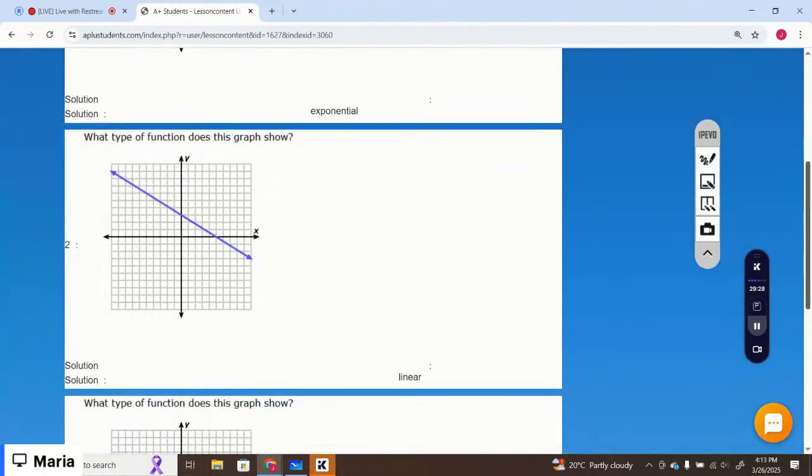What type of function does the graph show? That is the linear function. That's a straight line. The straight line is always the graph for the linear function.